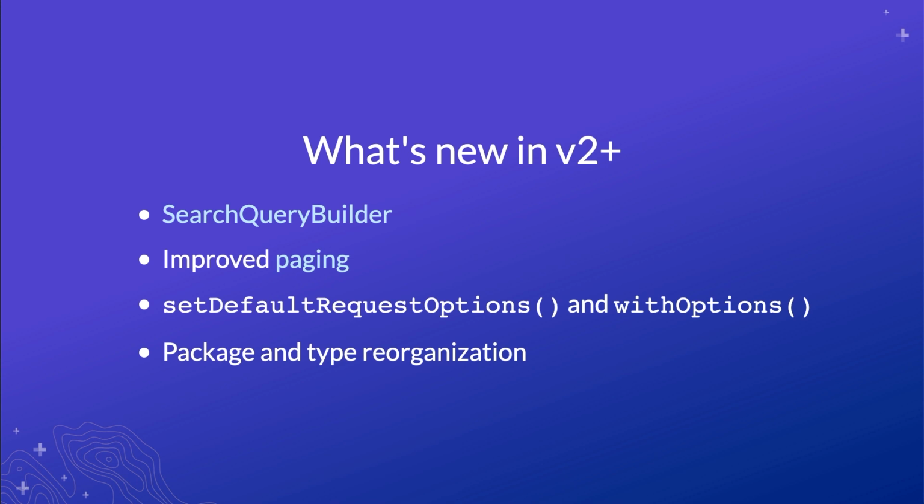With options allows you to set custom options for a specific request. For instance, if you wanted to create an authenticated version of a request that you can call, and you don't need to pass the authentication object to it every time. There's also a bunch of reorganization of packages, types, and functions based on feedback and the needs of contributors.